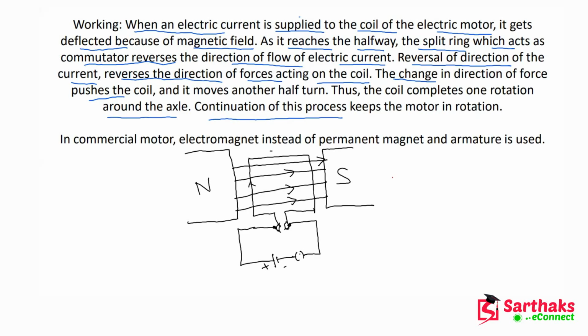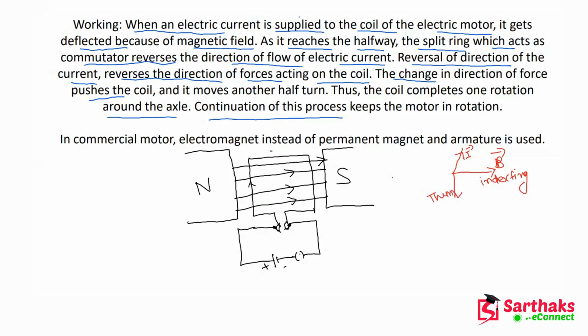According to this rule, keep your index finger in the direction of the magnetic field. Let's suppose this is your index finger, and it is in the direction of the magnetic field. Now we also know that the conductor is like this, so the direction of current will be like this. Now this thumb will show here.